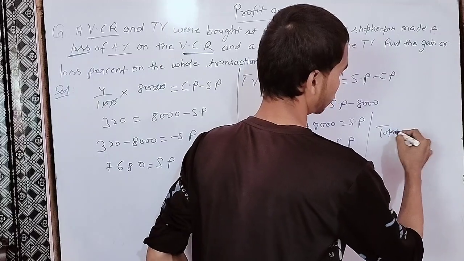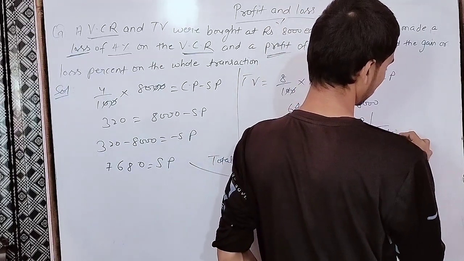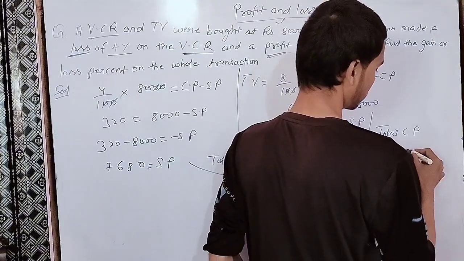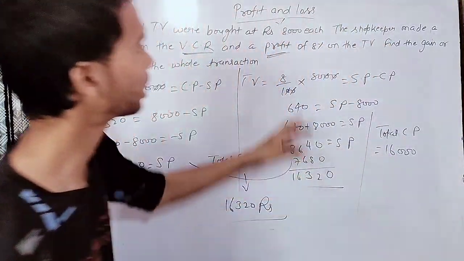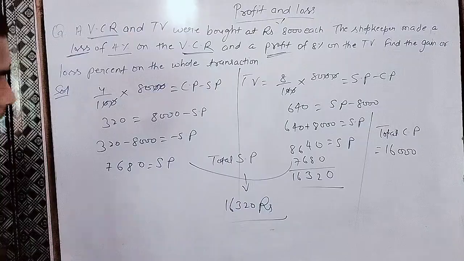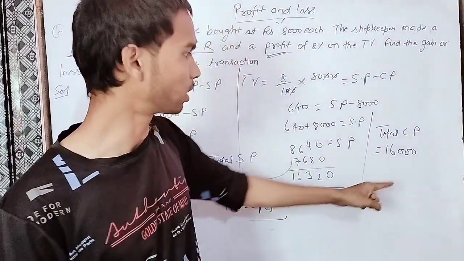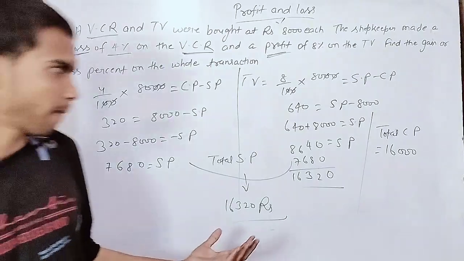Now, total cost price. Cost price is how much? 16,000. Yes, 8,000 for each. We can see this is 16,320 and this is 16,000.